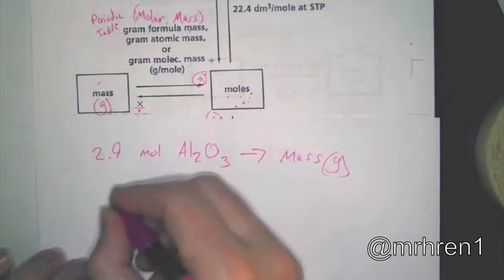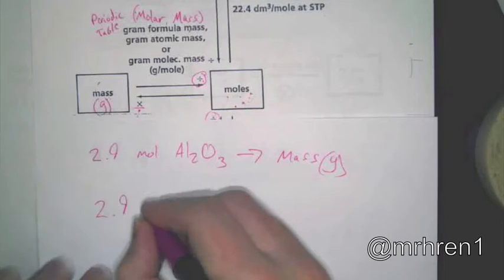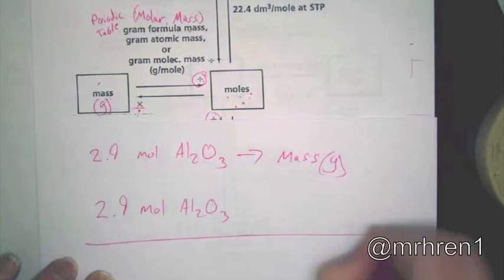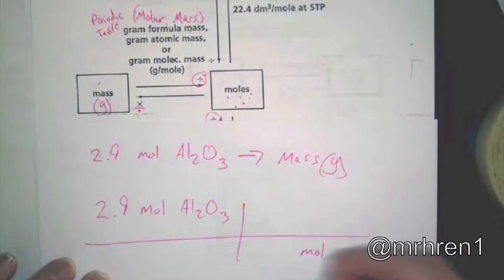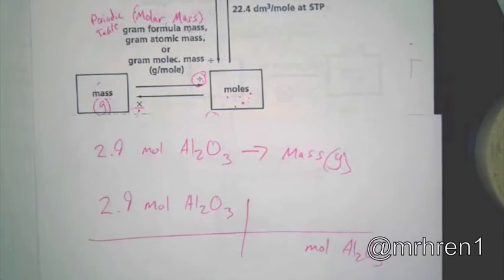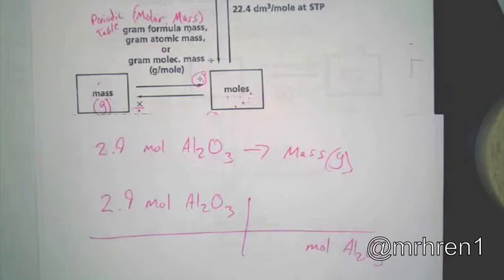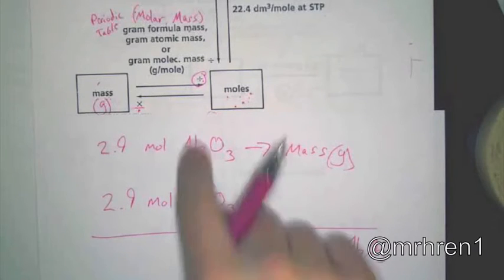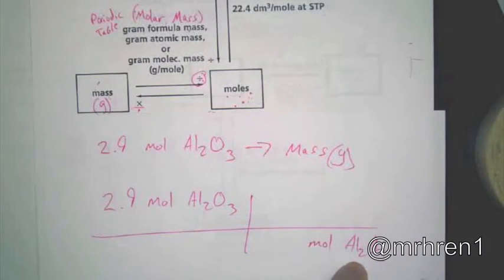Now, you set it up exactly the same. Before I do anything, I just want to write this out and always set up my problem so that you have some idea of what you're doing. You should be able to get to this point without even thinking. Just write down your starting value here, copy the units down there.